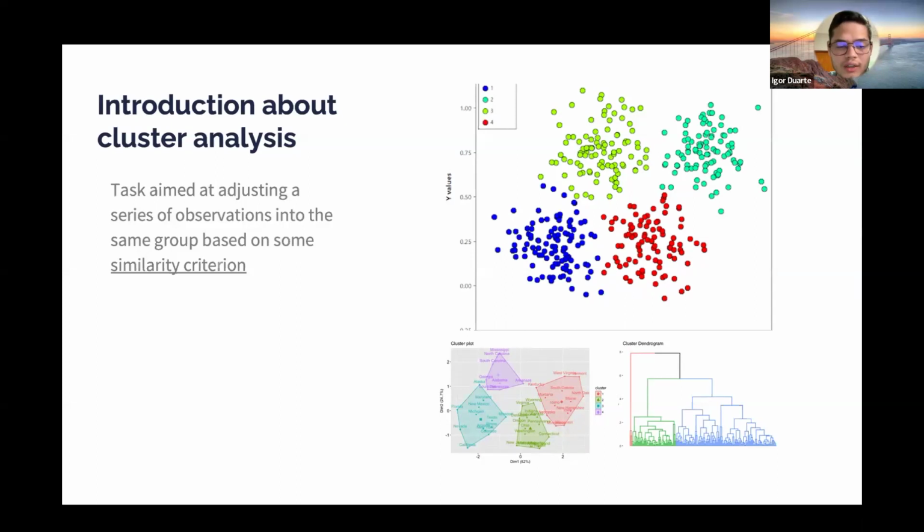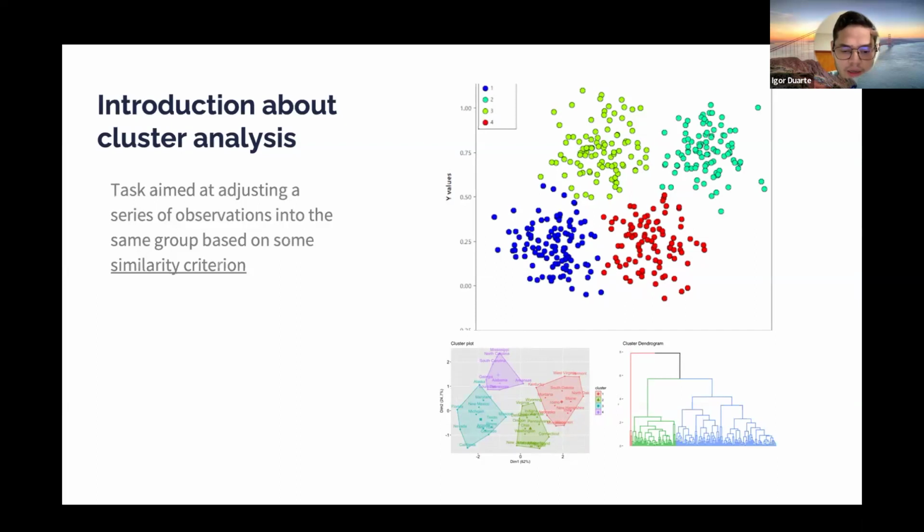So the similarity criterion is an important definition when we speak about clusters. There are several types of cluster analysis, and today my focus is on k-means. I will explain more shortly. I decided to focus on this method because of the time.